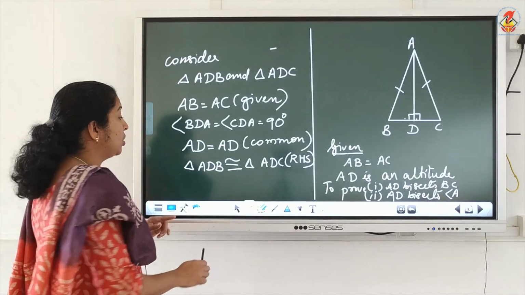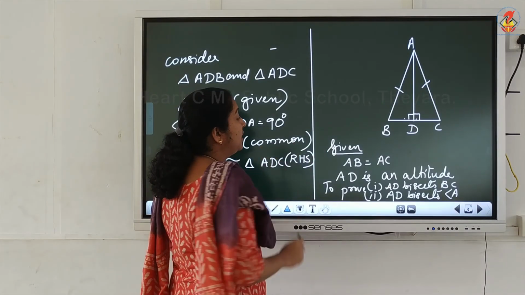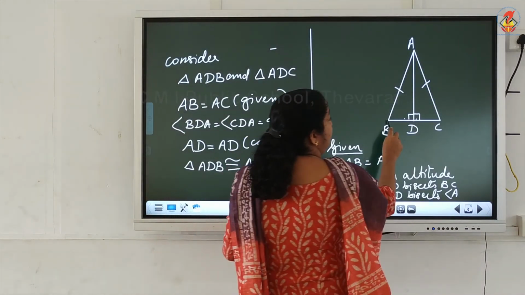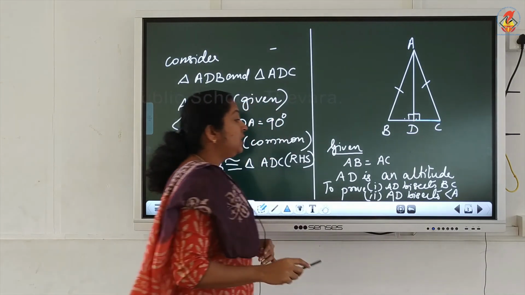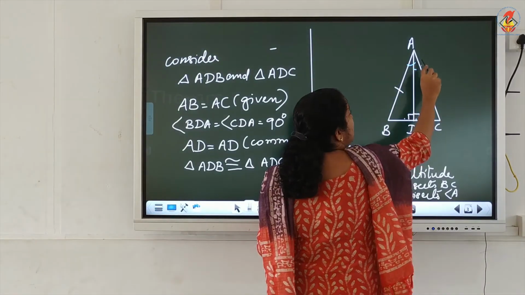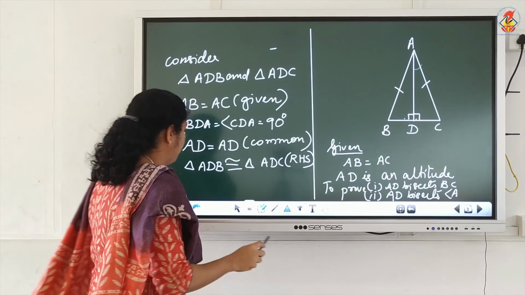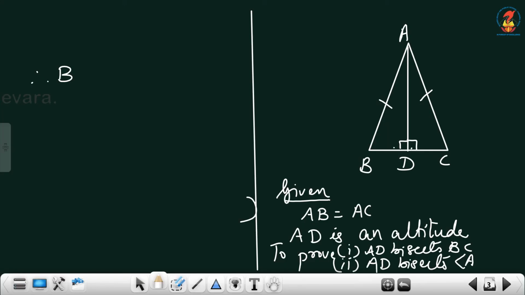If these two are congruent, what we can say? What we can say is BD is equal to CD, that means AD bisects BC, and these two angles are equal using CPCT, that means AD bisects angle A. Therefore, BD is equal to CD using CPCT.